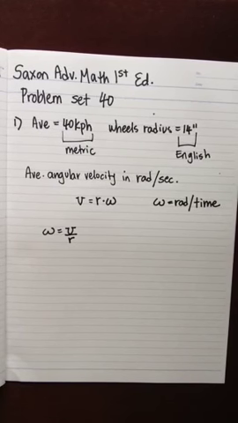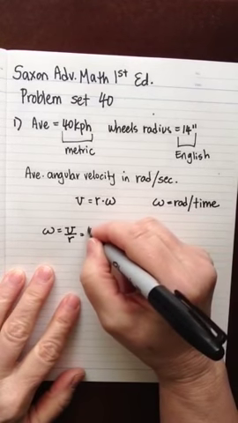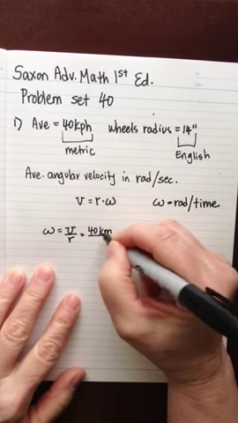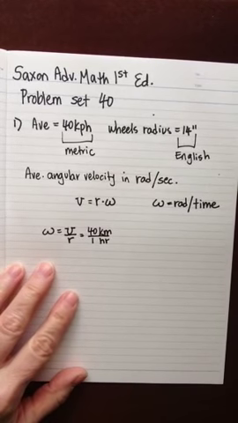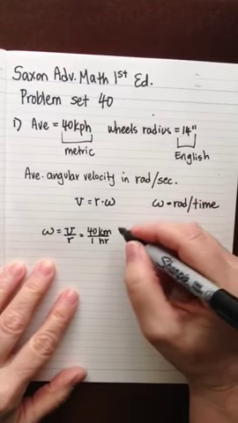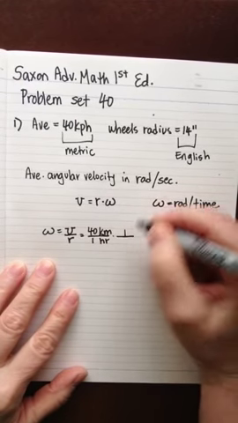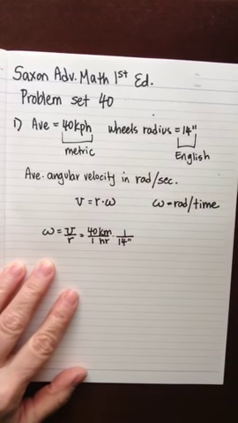So what do we have to plug in? We're given that this is 40 kilometers per hour, and I'll write it like that instead of kph so we can keep it straight. And then we're dividing that by, since we're dividing, I'm just going to put a 1 up there and our 14 inches in the bottom.